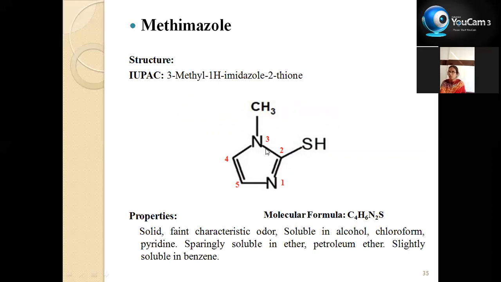So 3-methylimidazole-2-thione. Properties are: it is a solid with a faint characteristic odor, soluble in alcohol, chloroform and pyridine, but sparingly soluble in ether, petroleum ether, slightly soluble in benzene.